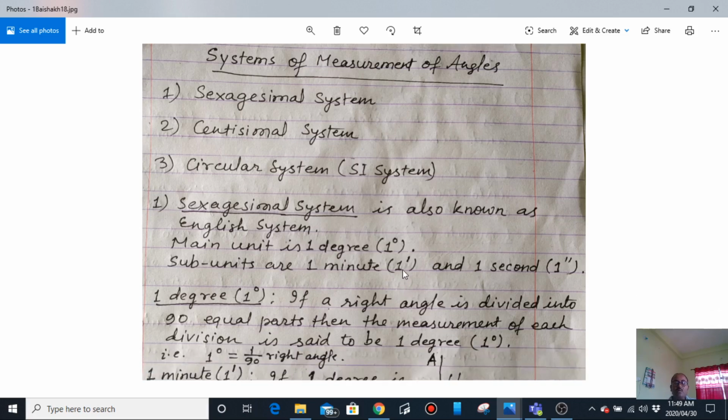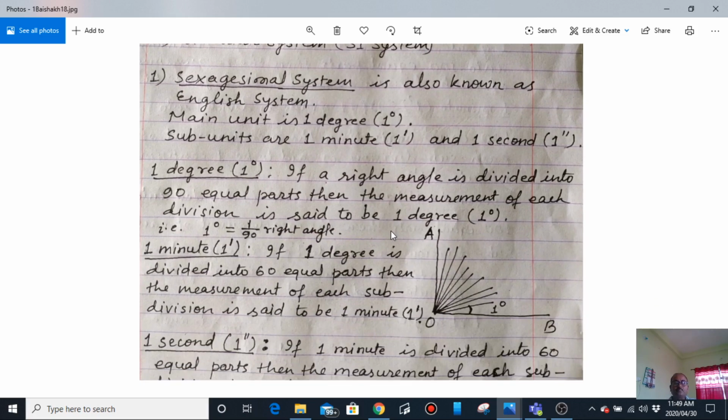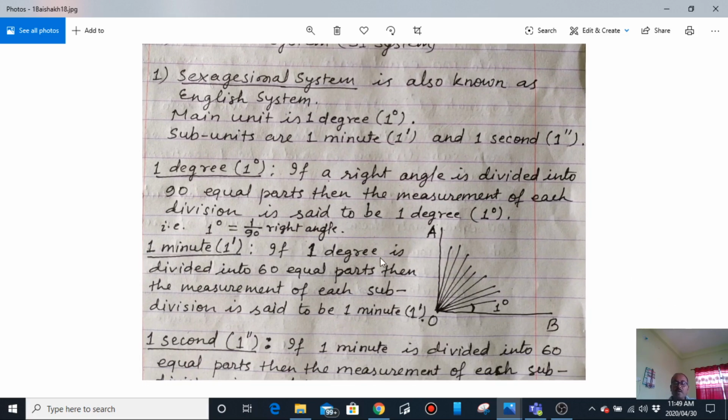Let us see what is called 1 degree. About the right angle, I have described in the previous video. Here AOB is a right angle. Now what is 1 degree?